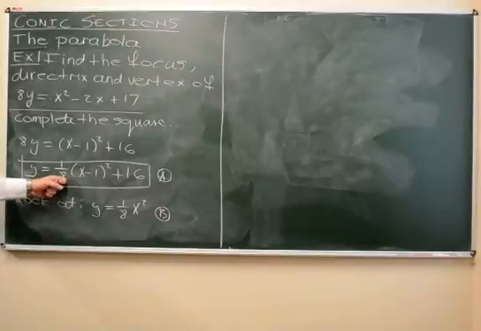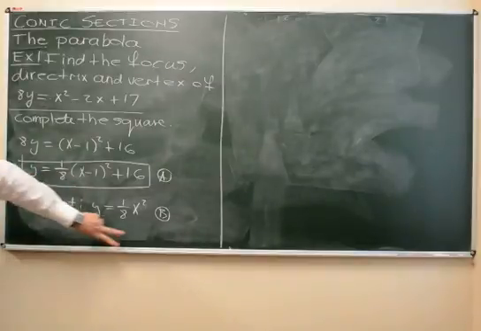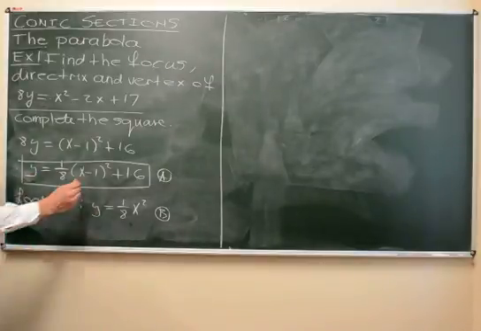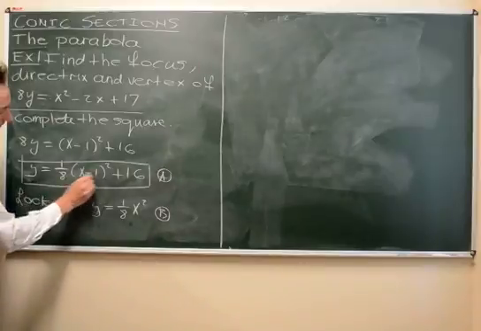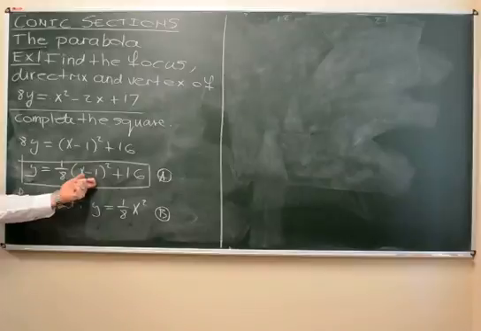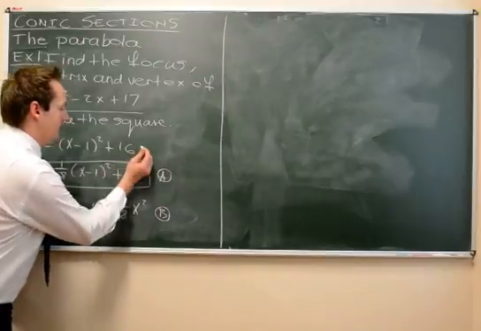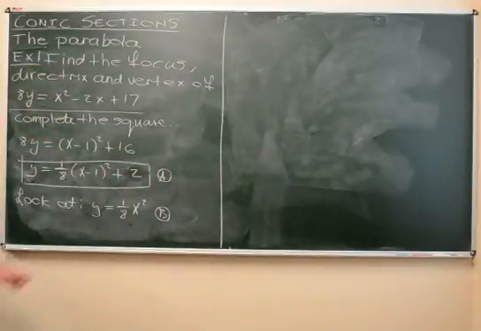If we look at our original parabola A, we see that it's just this parabola B shifted 1 unit in the positive x direction. That's what this minus 1 here does. And it's shifted 2 units up.